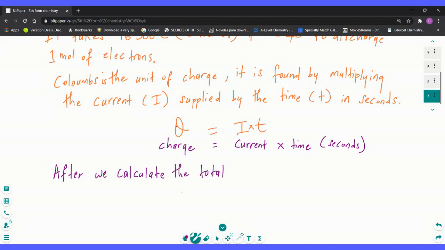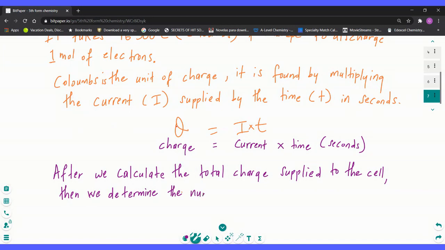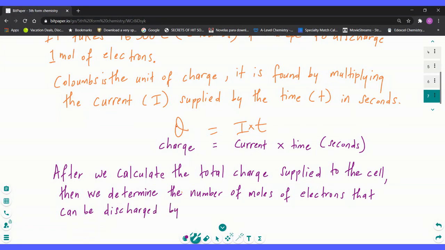After we calculate the total charge supplied to the cell, then we determine the number of moles of electrons that can be discharged by the charge calculated.